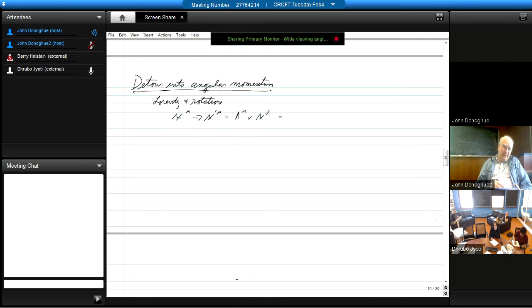If we make this infinitesimal, this lambda mu nu is delta mu nu plus some omega mu nu, times x nu.